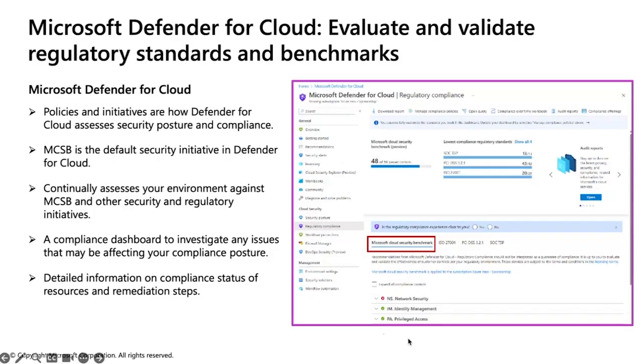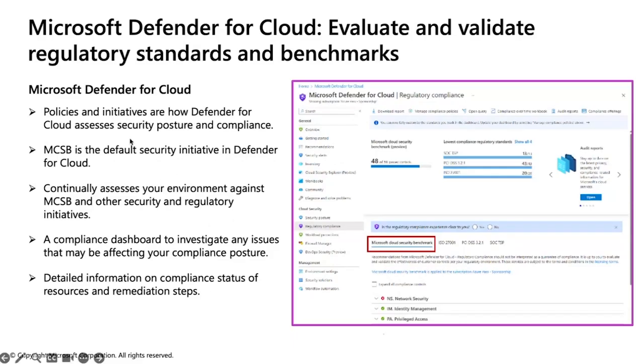If you remember, yesterday we talked about the 12 different control domains related to network security, privileged access, identity management, and many other things. So we see recommendations related to the current state of the organization, what we have implemented. This gives you recommendations that we can resolve to follow the compliance-related implementations.